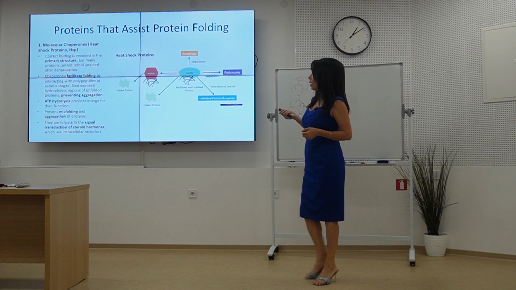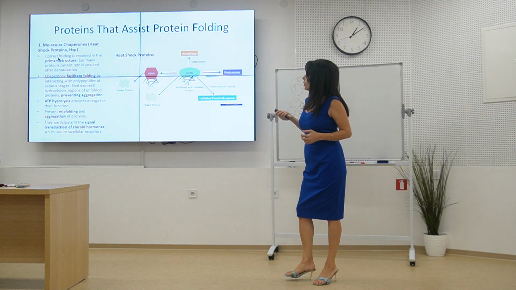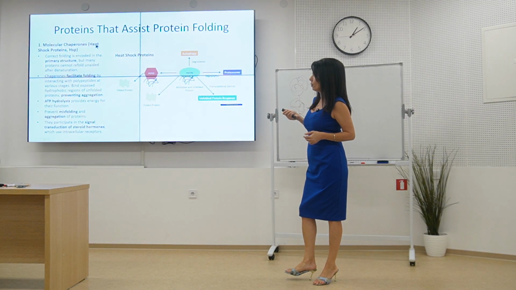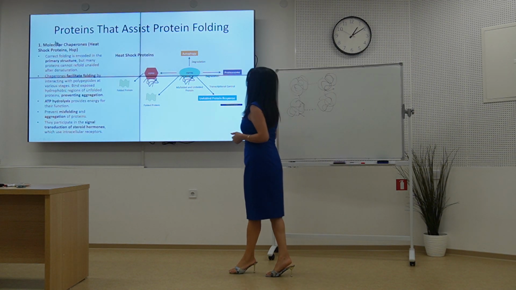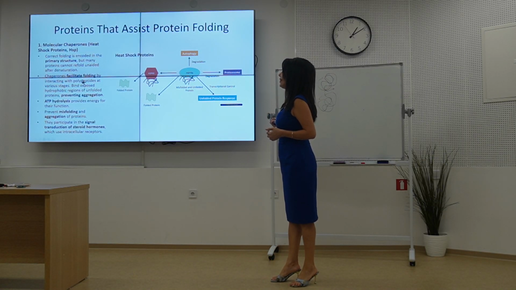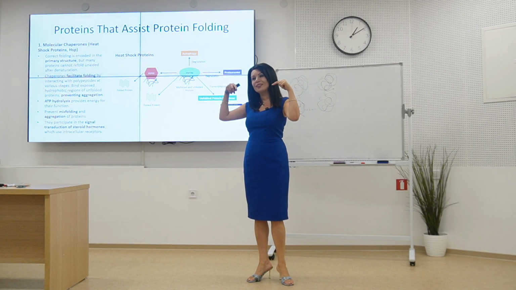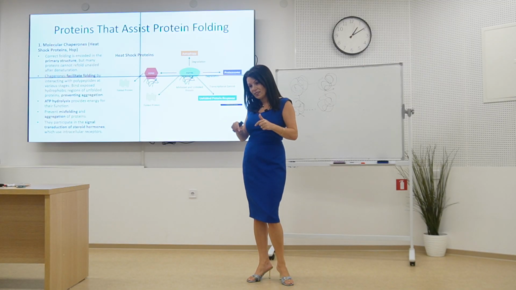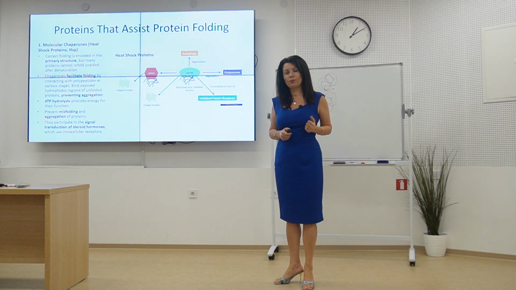The first ones are called molecular chaperones, or just chaperones. The other name of these proteins is heat shock proteins. The heat shock proteins are used because of the facilitation of folding with correct interactions in the polypeptide chain to prevent aggregation.